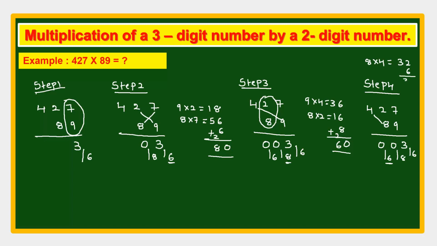So we got the answer 38. So 3 here, 8 here. So what is the answer? 38003. Therefore 427 into 89 equal to 38003. So this is the product.